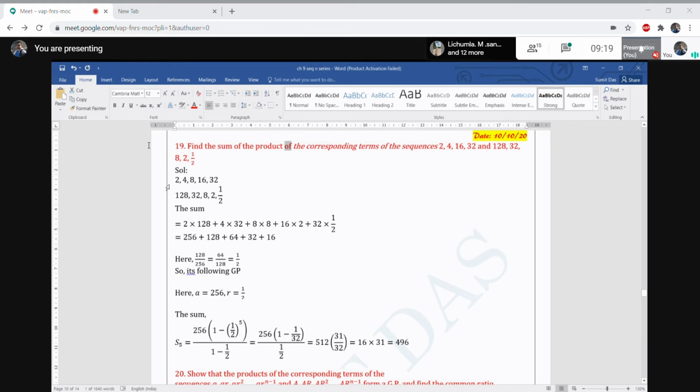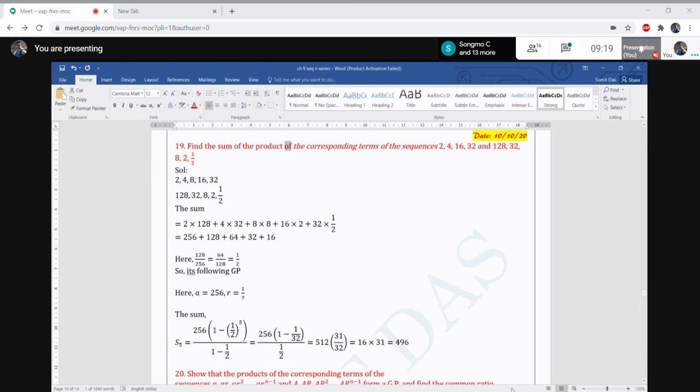Look, our first GP is 2, 4, 8, 16, 32, and the second GP is 128, 32, 8, 2 and 1 by 2. Here sum means, as I told, the product of corresponding terms.